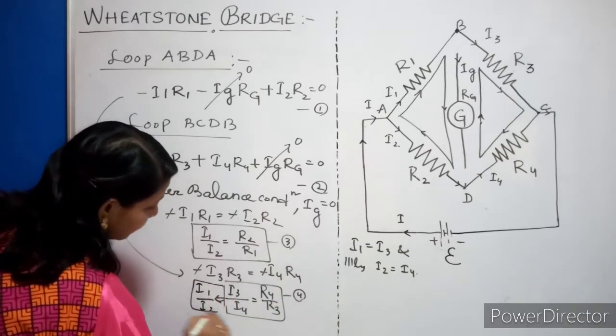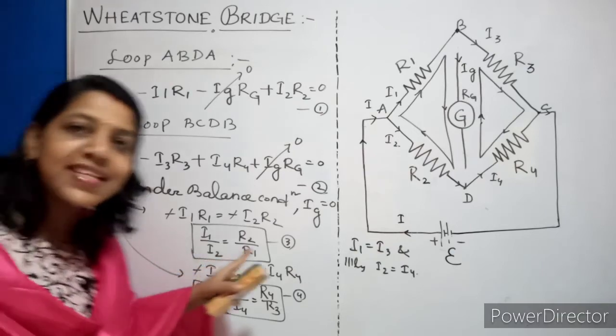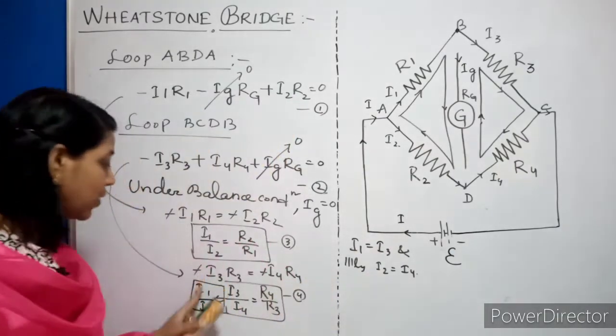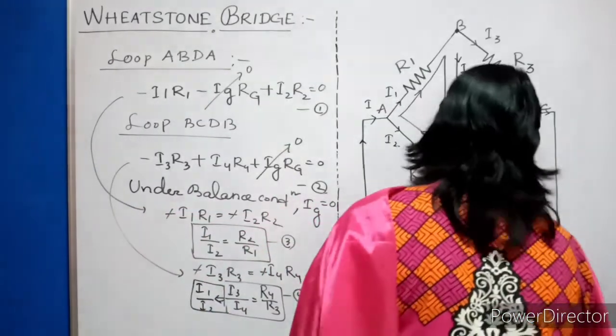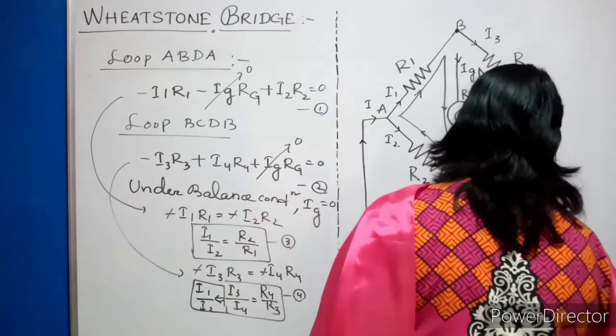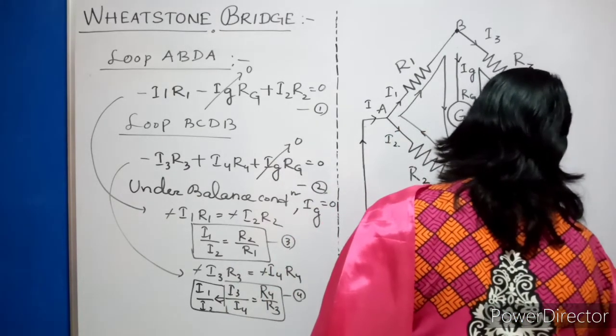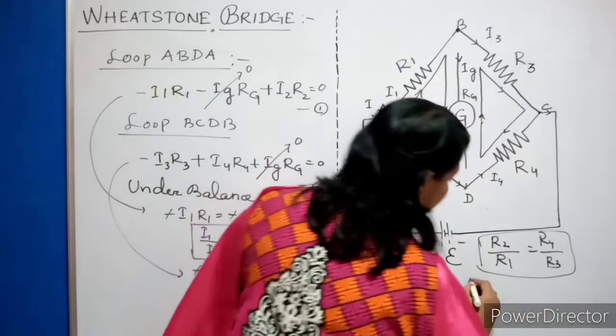So clear? Now both the equations are the same: I1 by I2 is R2 by R1, and another I1 by I2 is R4 by R3. So finally what you are concluding from these two expressions? R2 by R1 equal to R4 by R3. This is the condition of balance. Or you can just do the cross multiplication.